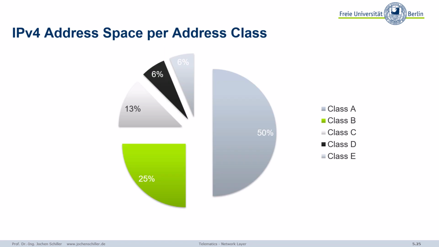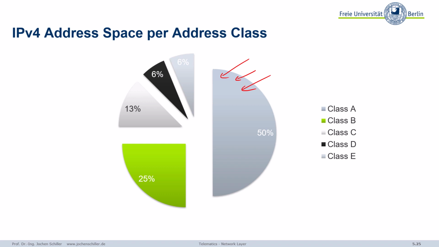You see the distribution of the address space per address class. In the early days, many big organizations, German Telekom and MIT and whatever, grabbed class A addresses, nice, but who has 16 million computers? So a lot of the address space was left empty.